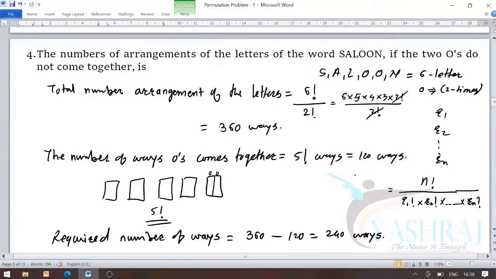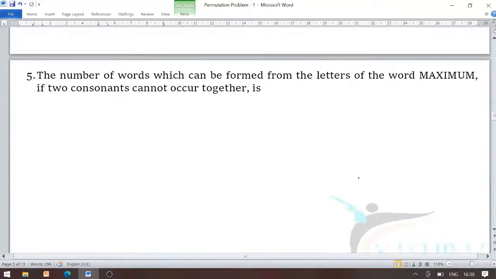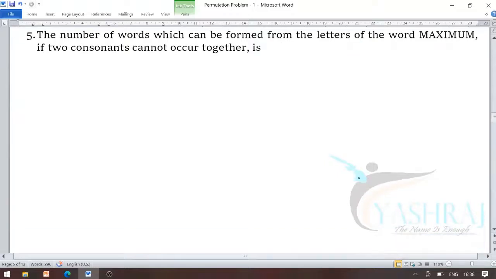Now look at the next problem. The number of words which can be formed from the letters of the word MAXIMUM if 2 consonants cannot occur together is given by.